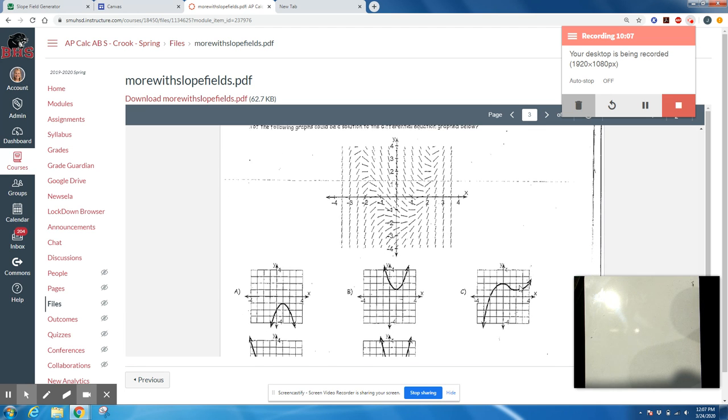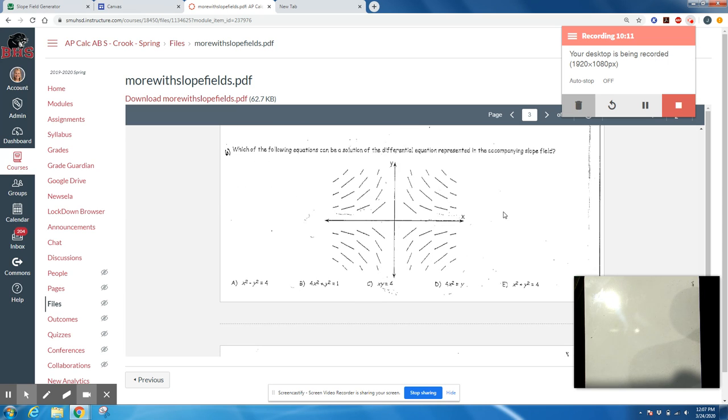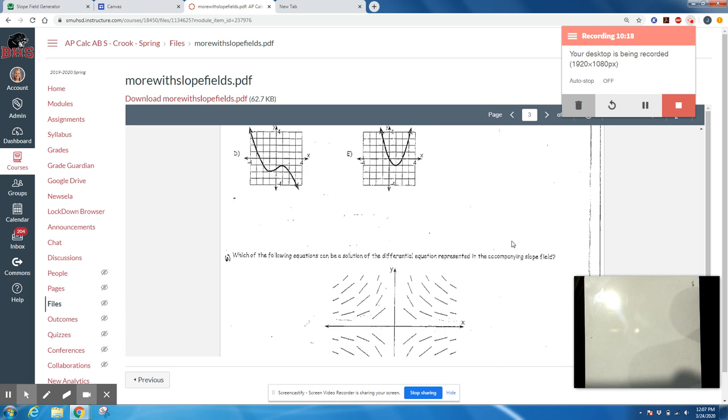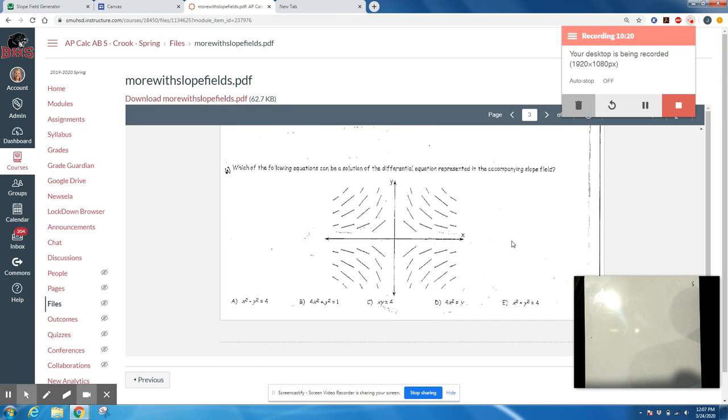At this time, I'm going to go ahead and pause. If you are playing along, if you have this packet, or if not, you can just look at the screen. Let's see if you could do this. So here is a slope field. And this time we are not matching it to differentials. We're not matching it to derivatives.